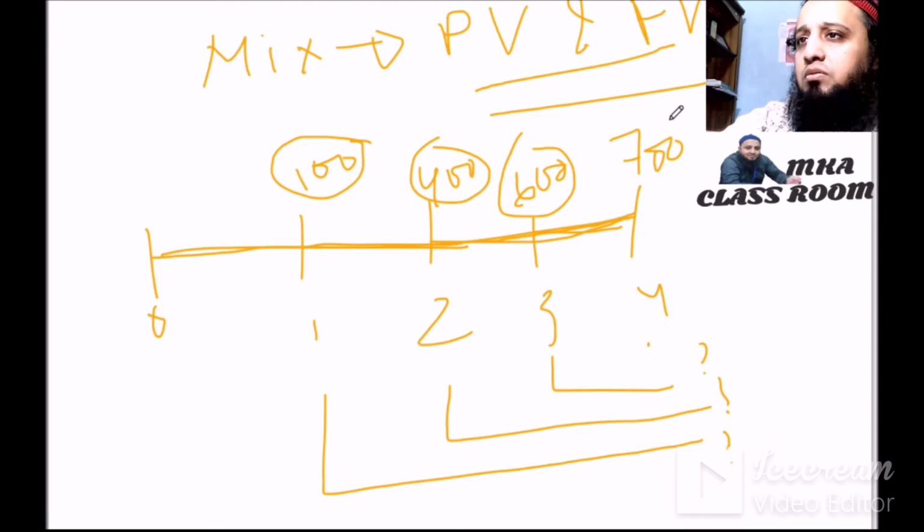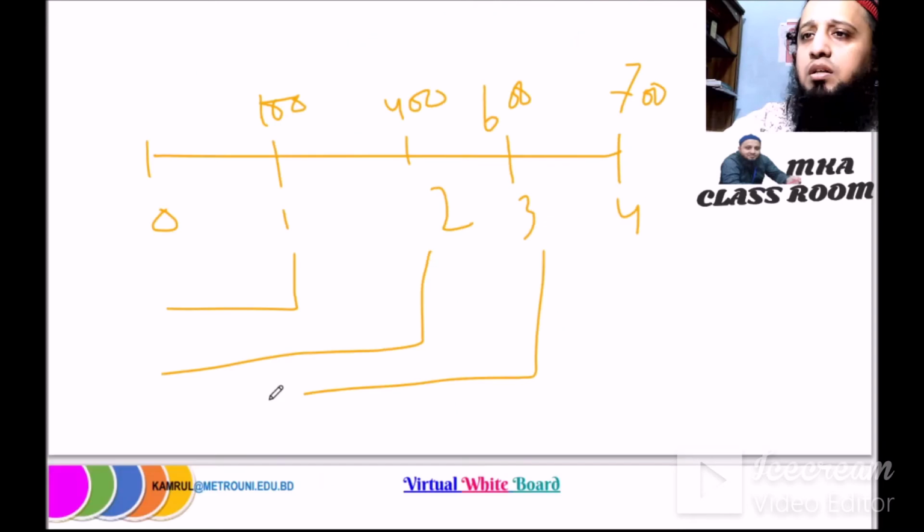So, you have to calculate its present value, then the timeline should be on the left side. Remember that whenever you are calculating future value, the timeline should go from left to right, left to right.